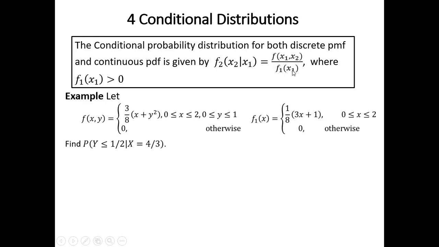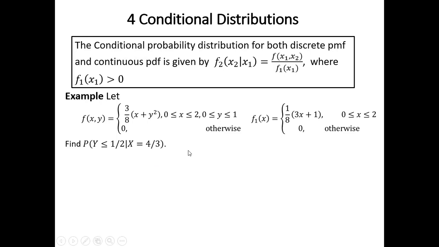So here's an example. Going back to this PDF we were looking at earlier, suppose f of x, y is 3/8 times x plus y squared over this rectangle. We found the marginal with respect to x, or x1, 1/8 times 3x plus 1.